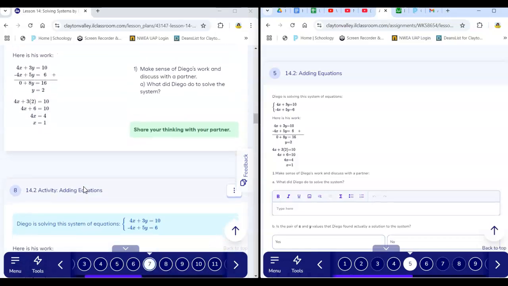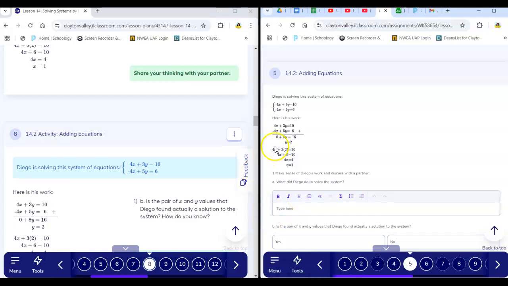So write down what you think he did. It seems obvious what he did to me. Okay? He added the two equations together.